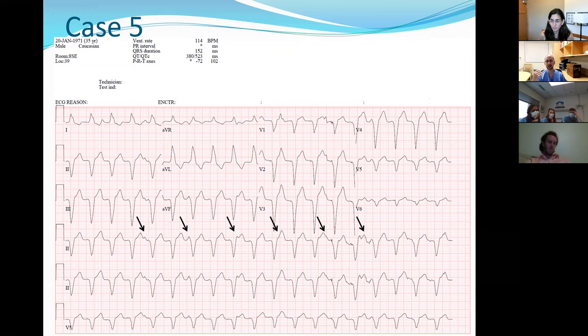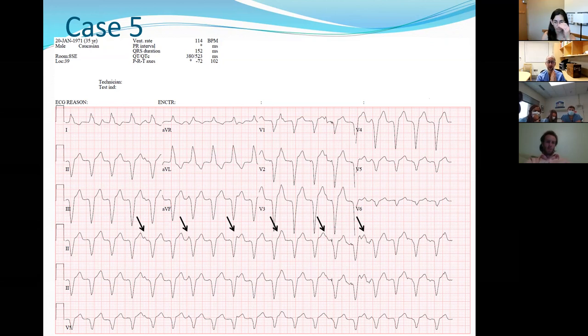But if there's a transition, if there are some leads that are negative and then some leads that are positive, it doesn't help you as much. So all negative or all positive is going to help put it more towards the VT side of things. If aVR is positive, it also makes it a little bit more likely that it's VT. It's not quite as good a criterion, but it does make it a little bit more likely.